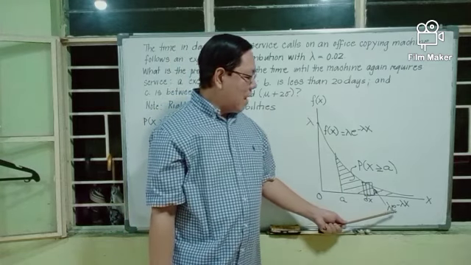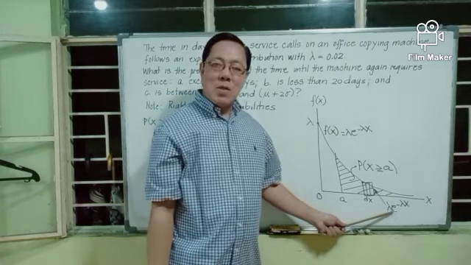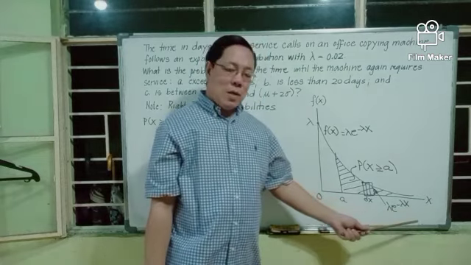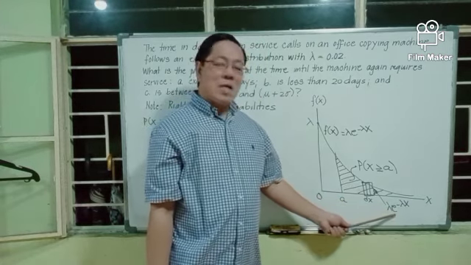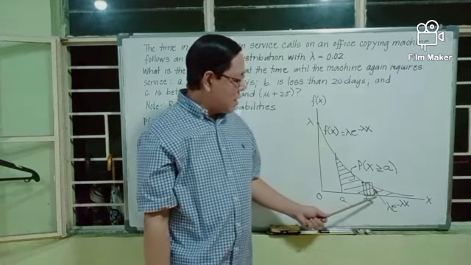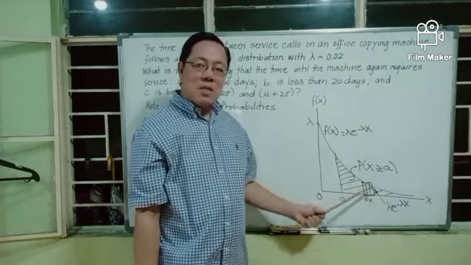So lambda times e to the minus lambda x minus 0 is lambda times e to the minus lambda x, and that is the height of this rectangle.